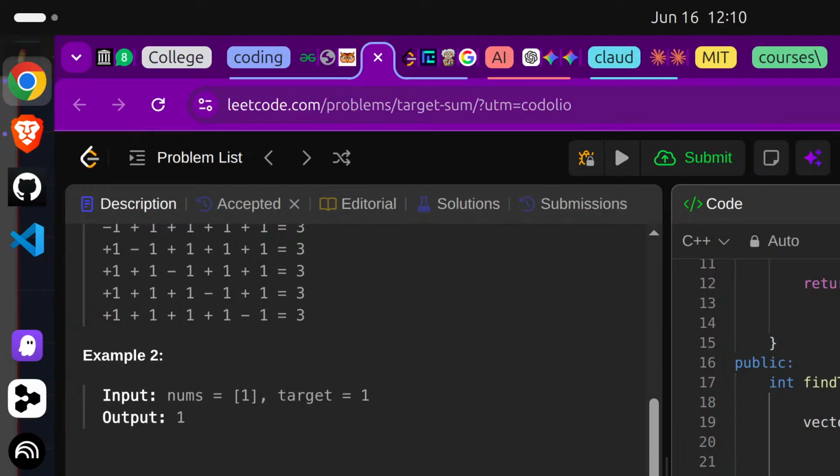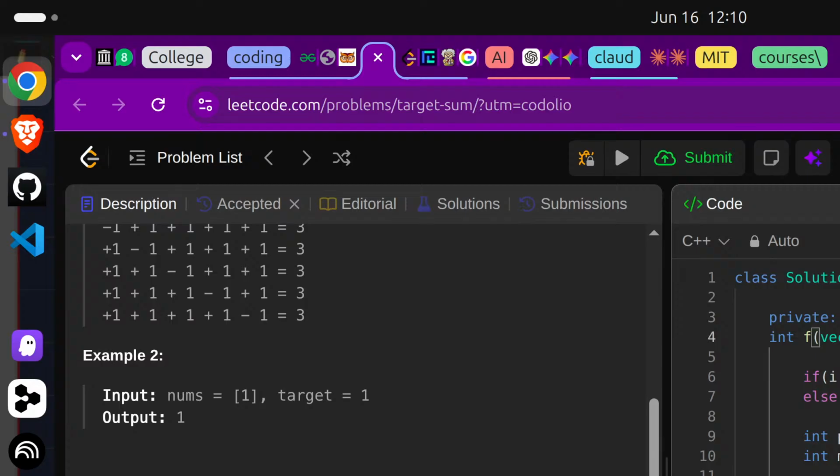So we are passing this dp, and we are taking this dp as a reference. We can pass it here, dp, right?